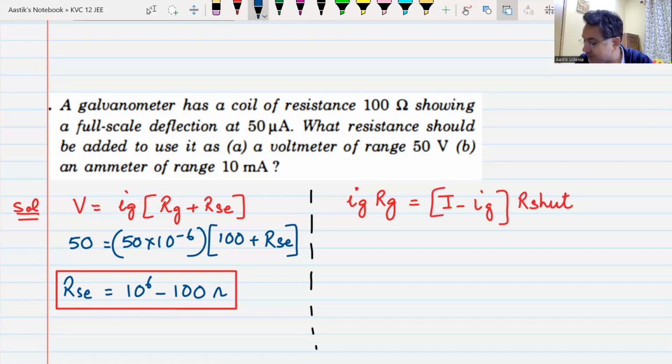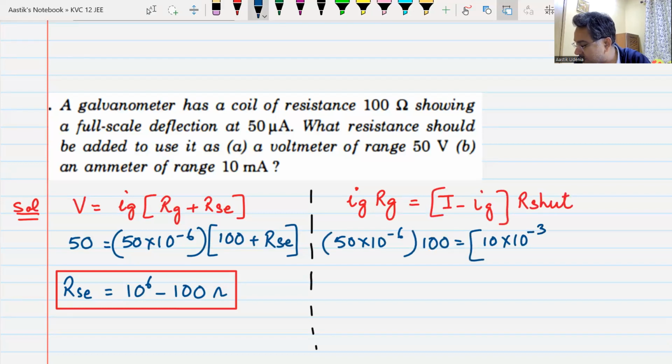So basically that means Ig is 50 into 10 raised to the power minus 6, multiplied by Rg, which is 100, is equal to the current, 10 into 10 raised to the power minus 3, minus 50 into 10 raised to the power minus 6, into R shunt.